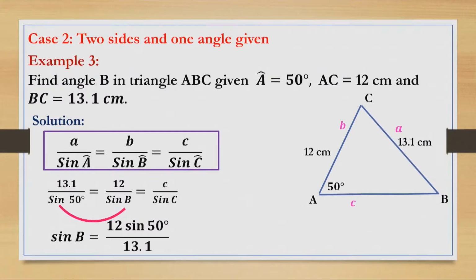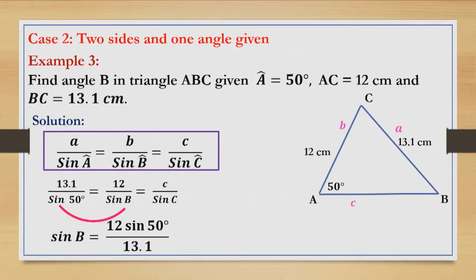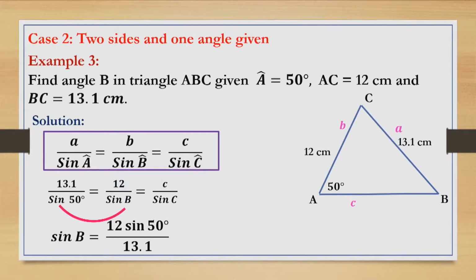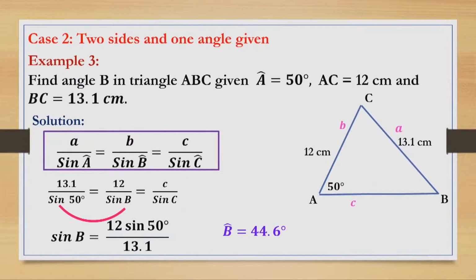So, now to find angle B, I need to make use of sine inverse of this value. So you evaluate this on your calculator, then you make use of sine inverse to get angle B, which is 44.6 degrees.